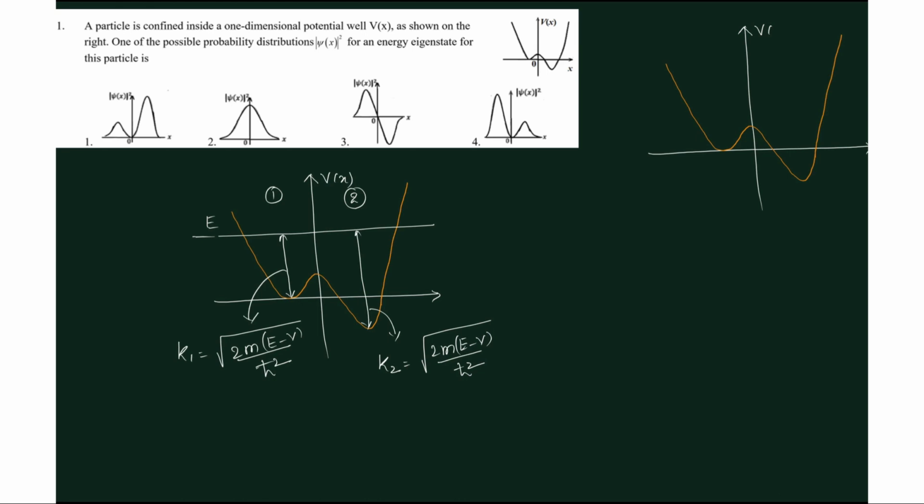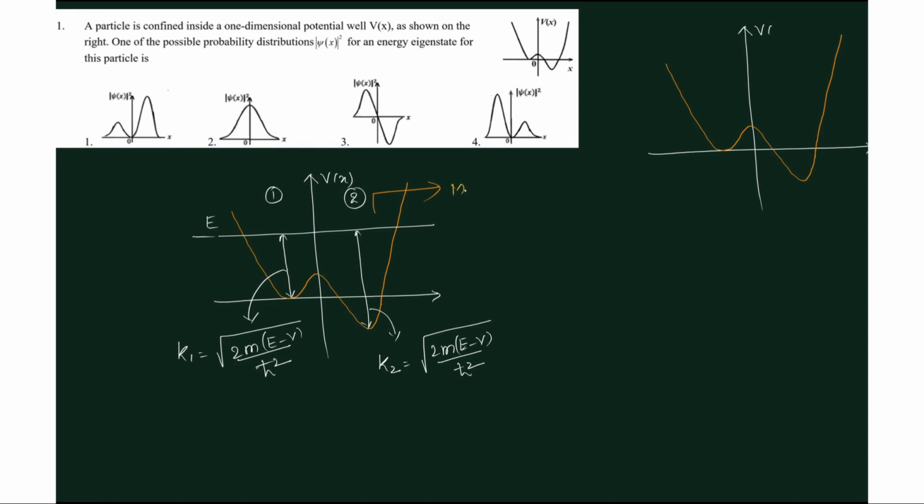and this value is more than this. If you observe one more thing, in this region we have a more attractive potential. See, this depth is more compared to this.